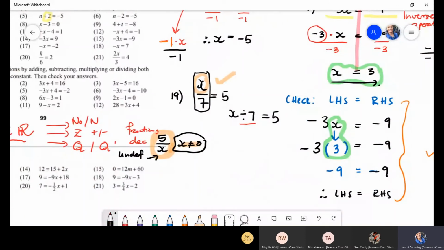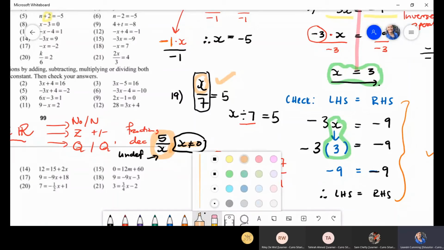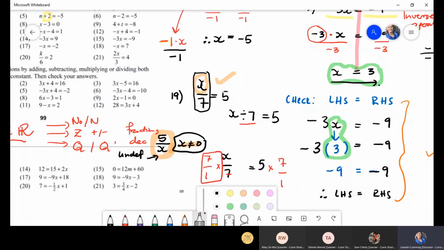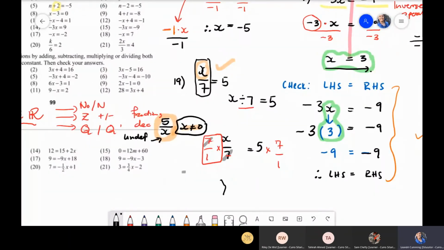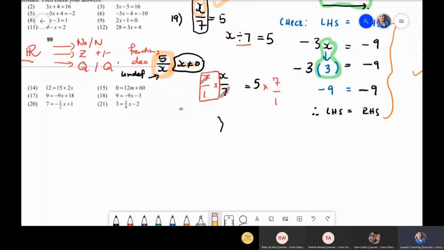I say x over 7, and I multiply by 7 over 1, because the multiplication by the inverse will take away the 7 right here, okay? It will cross cancel. The whole idea of doing this is to cross cancel. Therefore, I'm left with x.